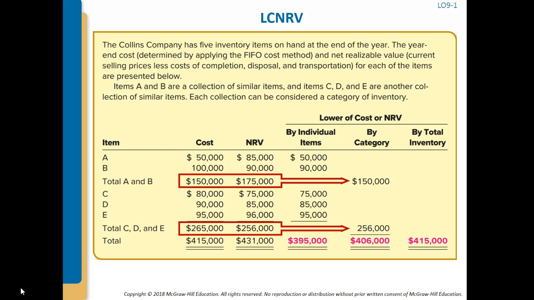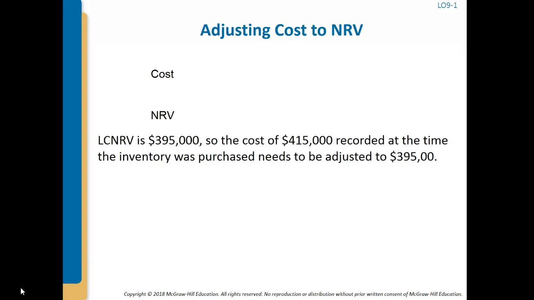If we first consider LCNRV by individual items, we see that cost is lower than net realizable value for items A and E. These inventory items were initially recorded at cost at the time of purchase, so under the LCNRV approach, they're currently recorded at their proper amounts. No adjustment is needed. But for items B, C, and D, we see that NRV is below cost.